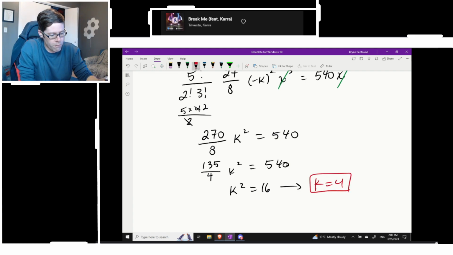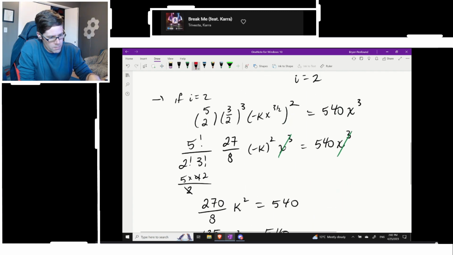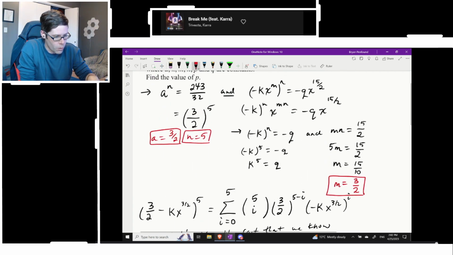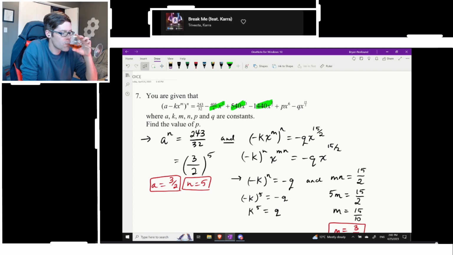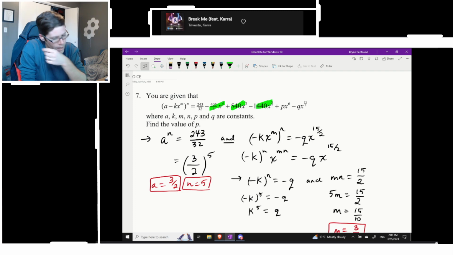K is equal to 4. Or I guess it could be negative 4 too, but let's see. It just says that k is a constant, so I suppose... could k be negative 4?